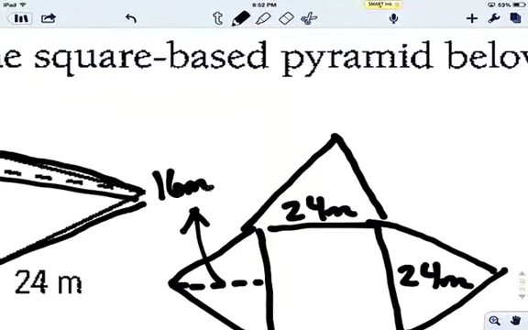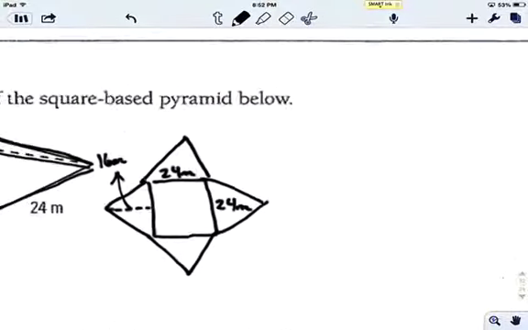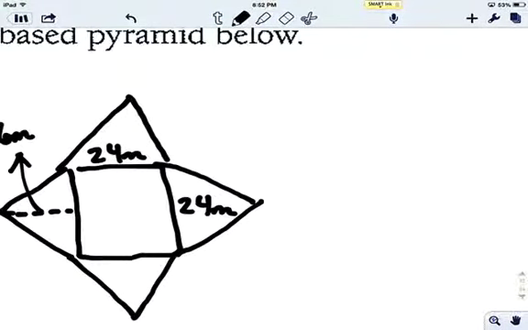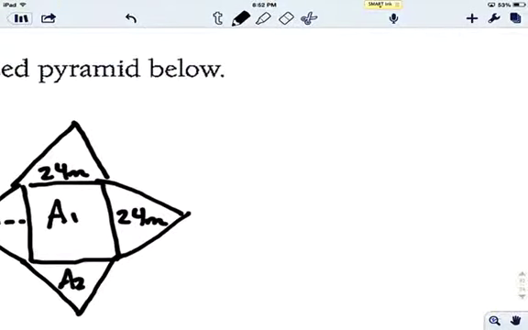So if we want to find the surface area of a pyramid, basically we've just broken it down into area 1, which is a rectangle or a square, and area 2. There are 4 of those area 2s, 1, 2, 3, 4, they're triangles. So let's try and find area 1. Area 1 is equal to length times width.